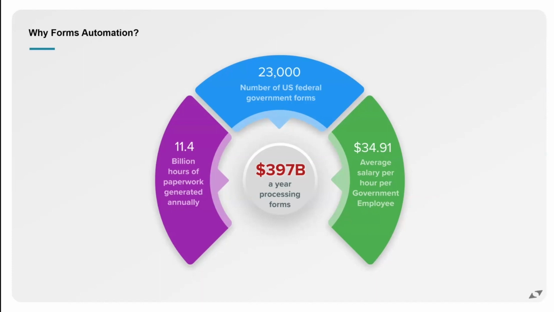And you look at that, multiply that by the average salary per hour of government employees, including contractors, you get a really large number. So there is a compelling need to automate this so that government employees can spend more time doing the important work and less time just filling out papers and filling out forms. Let's make it easier for the people who have to deal with this in the trenches.